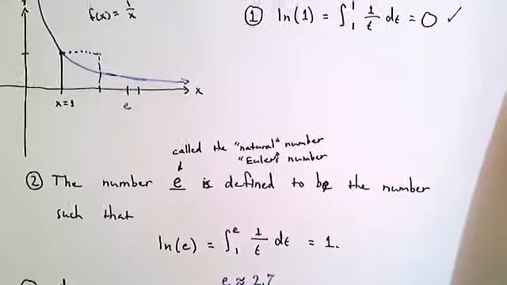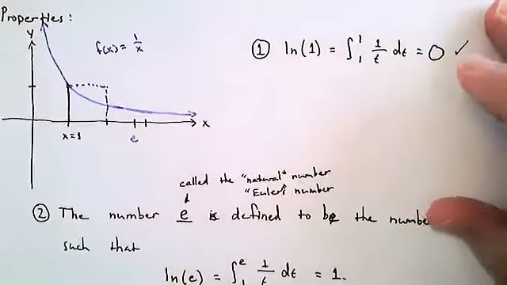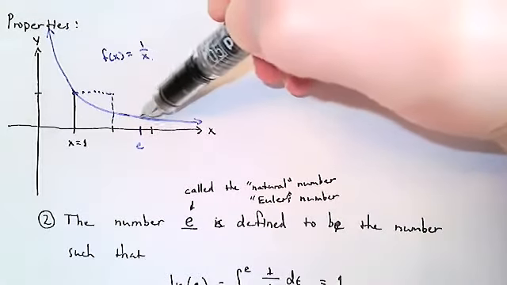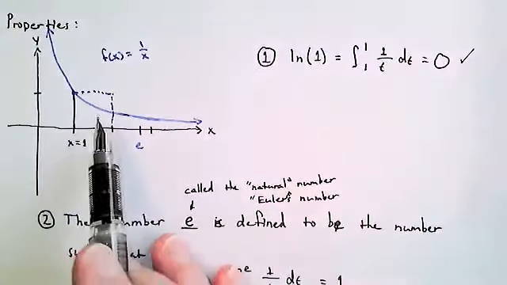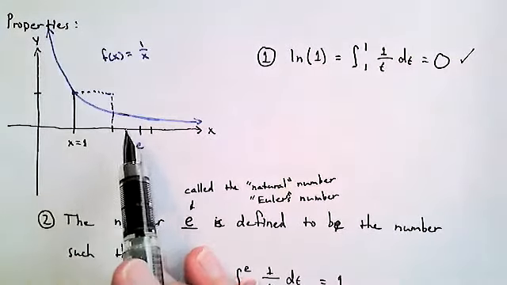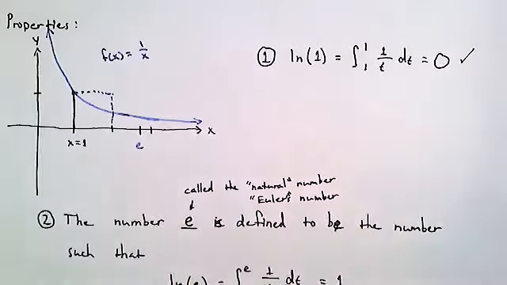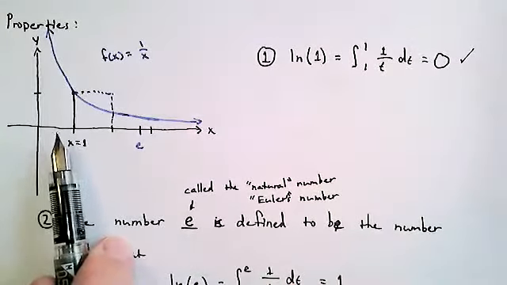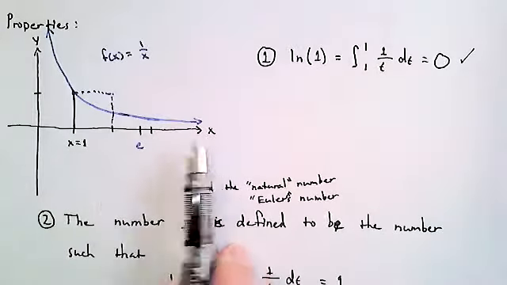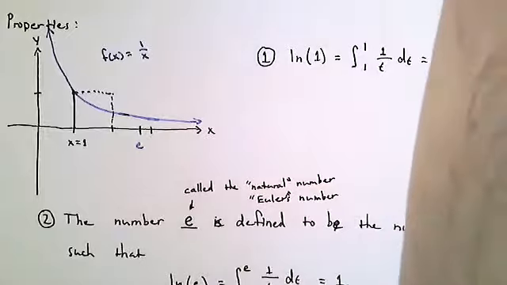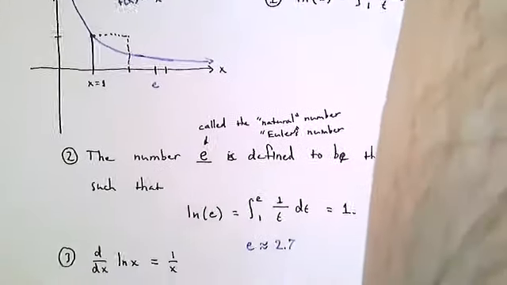So here's the idea. The graph of 1 over x is always positive. So whenever you're finding areas, the value of that area is always going to be increasing as you move from the left to the right, because you're taking a larger piece of the graph, a positive area.